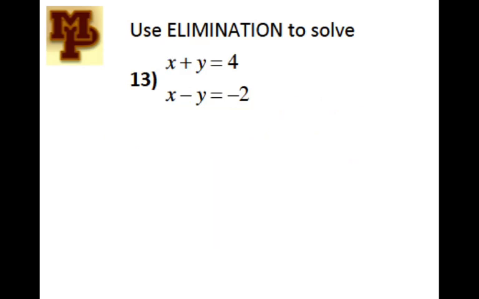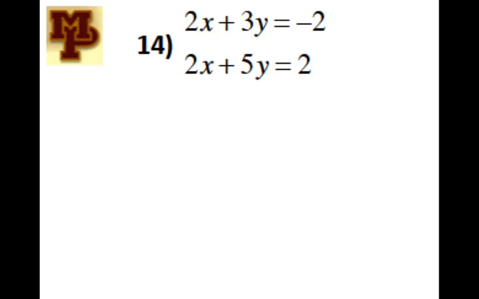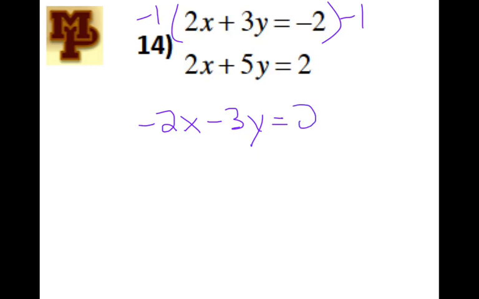We're on number 14. This one's almost set up perfectly for elimination. We should multiply the top equation by negative 1 on both sides, so then that would give us negative 2x minus 3y equals a positive 2, changes the sign on the right.